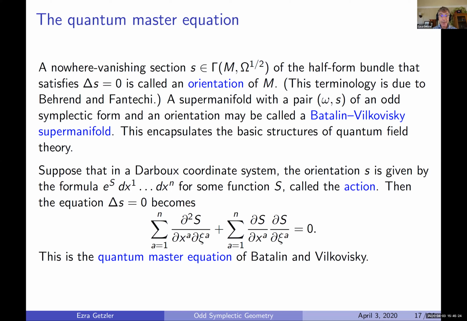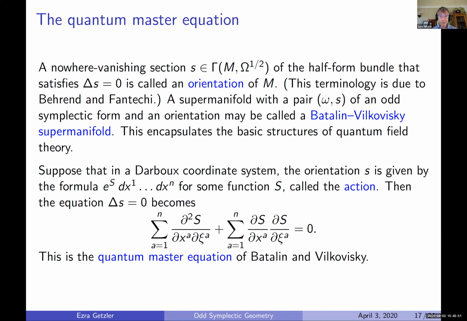And then the equation of Khudaverdian, or of Batalin-Vilkovisky, becomes the quantum master equation of Batalin-Vilkovisky, which is a second order partial differential equation, although I shouldn't exaggerate, in the sense that, remember, some of these coordinates are odd. So it's not a differential equation in the sense, say, of elliptic or hyperbolic differential equations. It's really more of an algebraic structure.